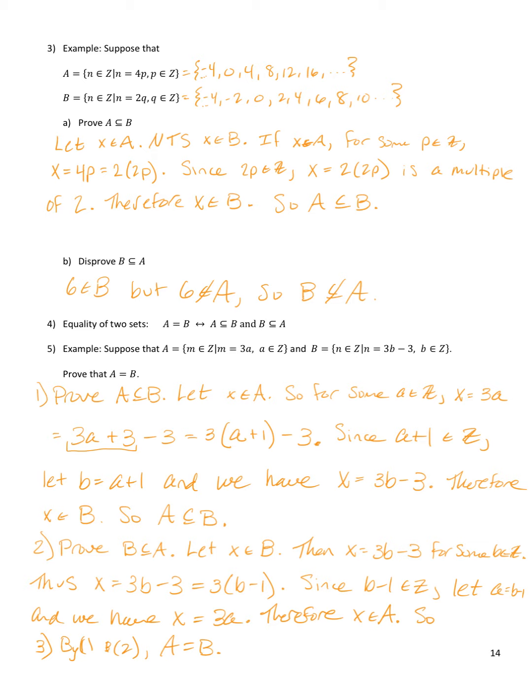We concluded x is in A. We assumed x was in B. We concluded x was in A, so B is contained in A. There we go. Okay, so we proved that A is contained in B. We proved that B is contained in A. So by those 2 steps, we conclude A equals B.